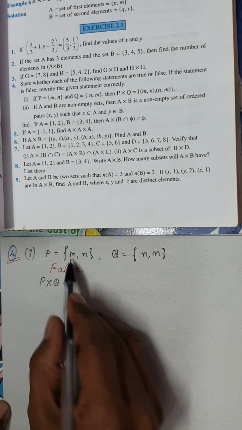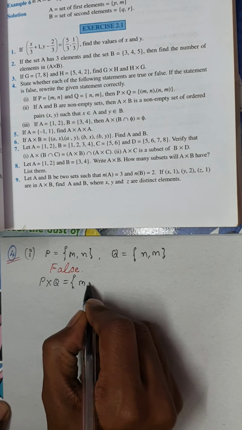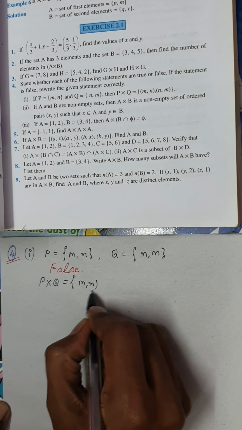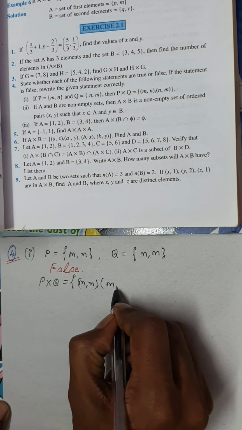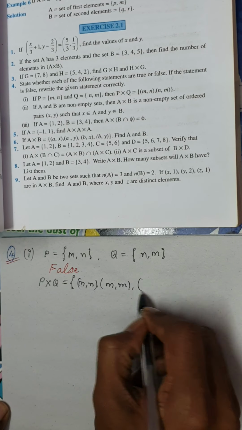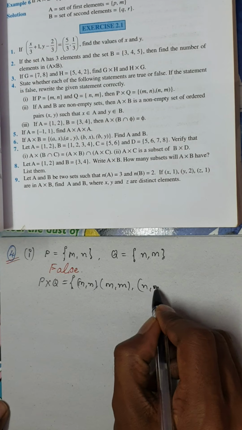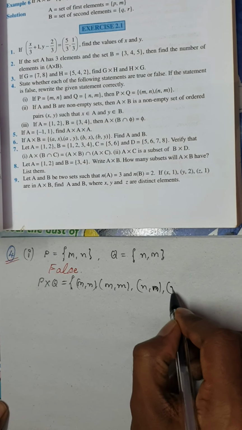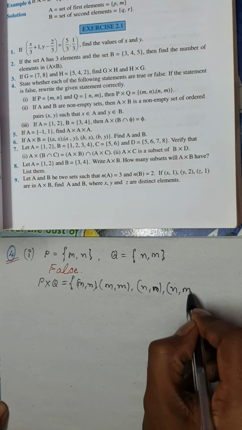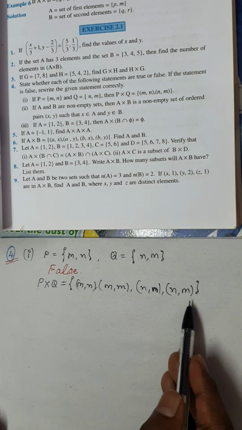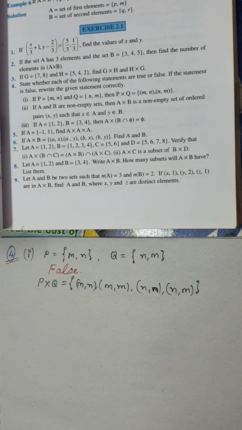So let's start here. M is paired with N, so it is (m, n). Similarly, M with M. Now taking the second element, N with N, and next N with M. So this is the correct P cross Q.